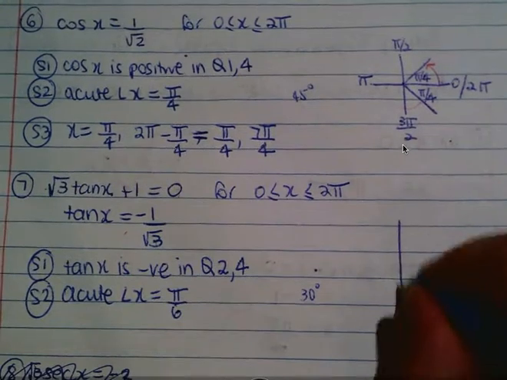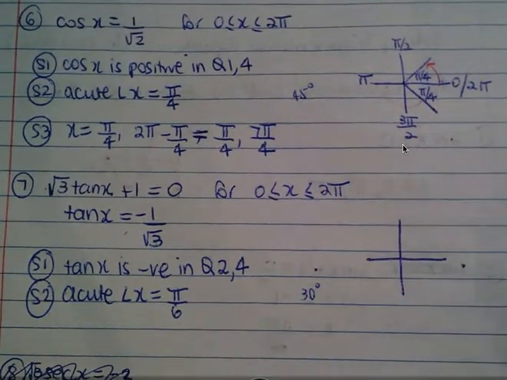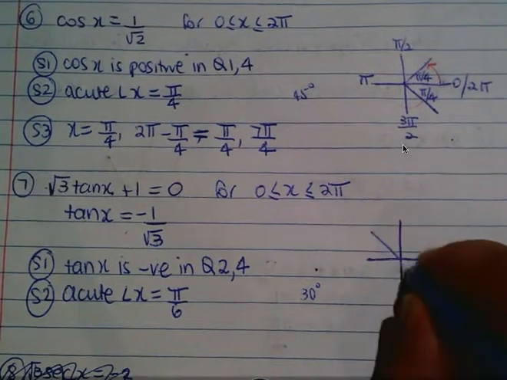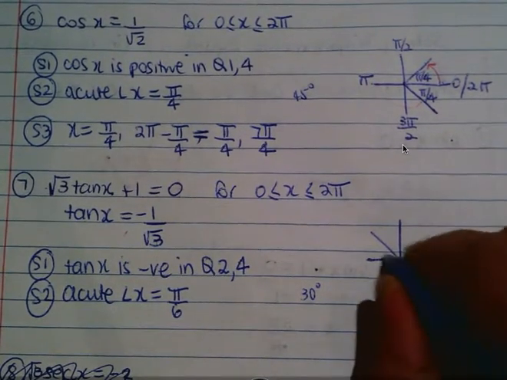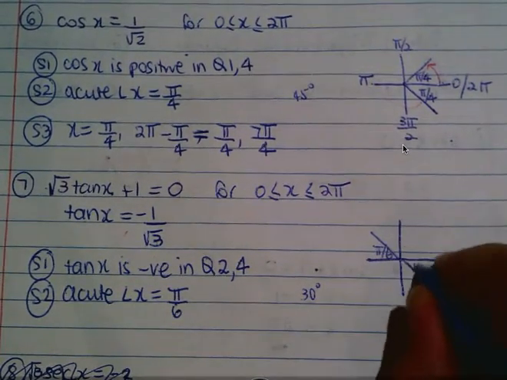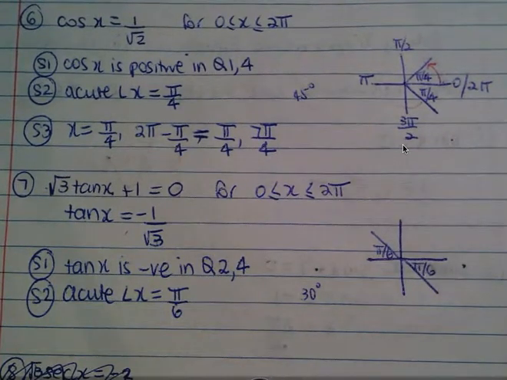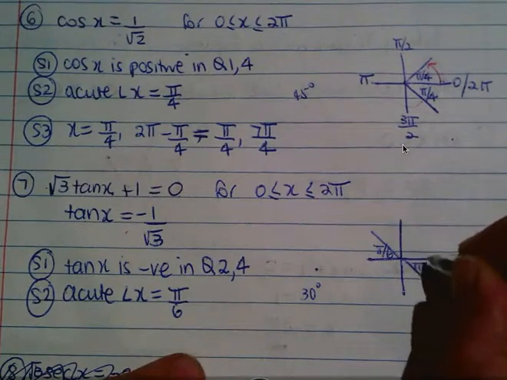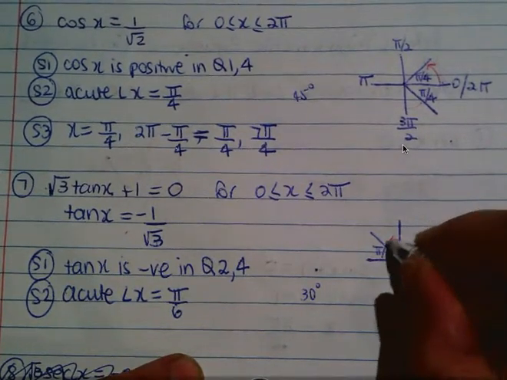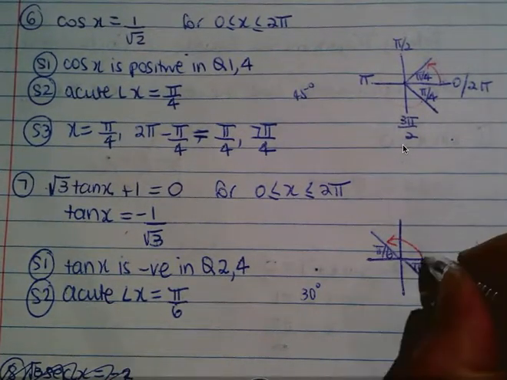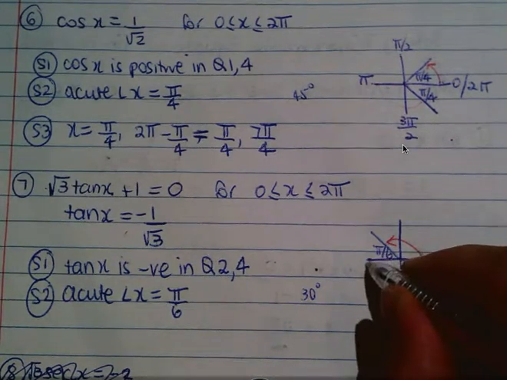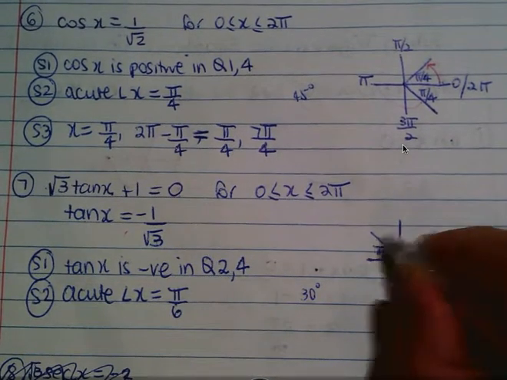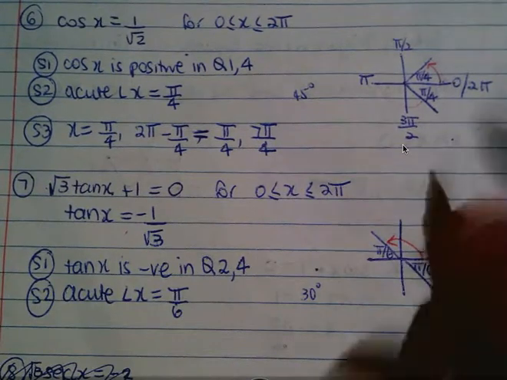And now we just have to draw in our solutions. So we're looking in quadrants 2 and 4, and our angle is pi on 6. So finding our solutions, we've got quadrant 2. Quadrant 2 would be 180, but short that amount. Remember, 180 is pi.